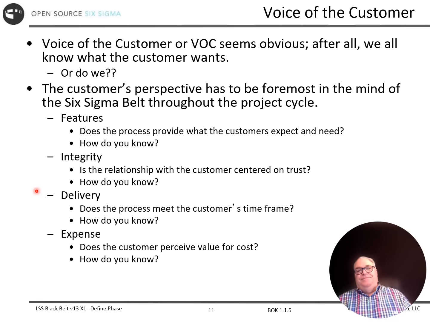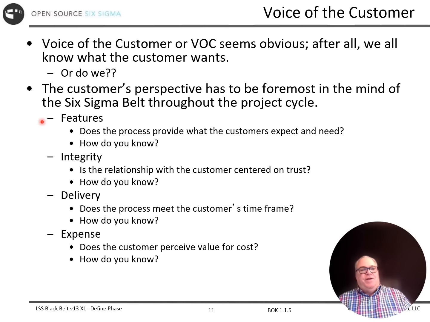Delivery. Do we meet our customers' time frame? From order to delivery, are we hitting the mark? And does the customer perceive us as providing value?